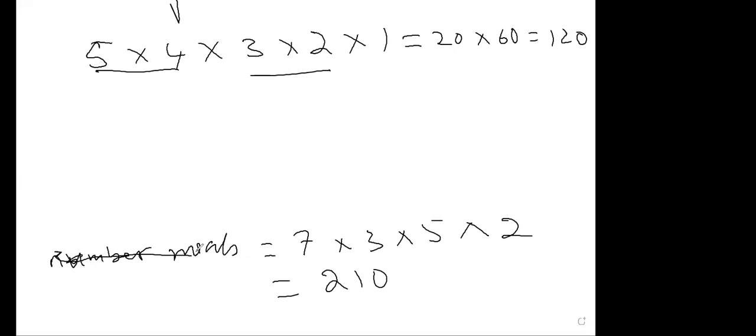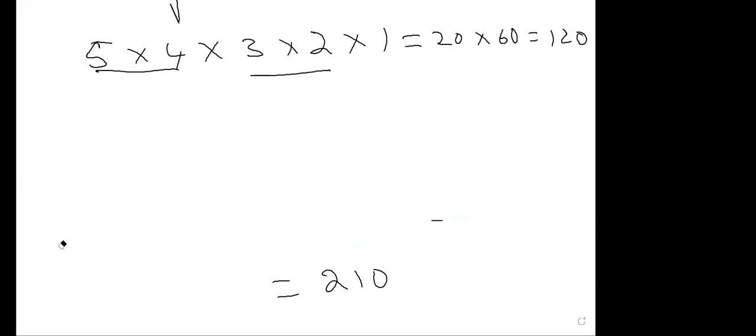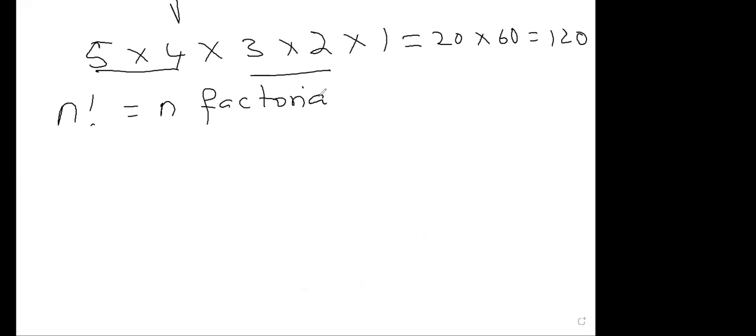So sometimes we deal with this kind of multiplication in which we are multiplying numbers in a descending order. 5, 4, 3, 2, 1. There is a mathematical notation for this kind of expression, which is called factorial notation. n factorial is equal to n times n minus 1, down to 3 times 2 times 1.